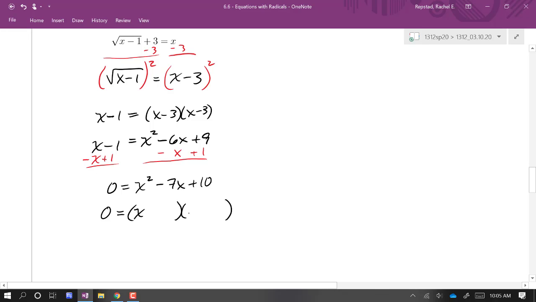At least I know if it does, it's just x and x first. That makes it nice and easy, or easier. What works? Plus 5, plus 2? Minus 5, minus 2, because we're going to get a negative 7 in the middle. So x equals 5 and x equals 2. It looks like we've got a couple solutions. We have to check them both.